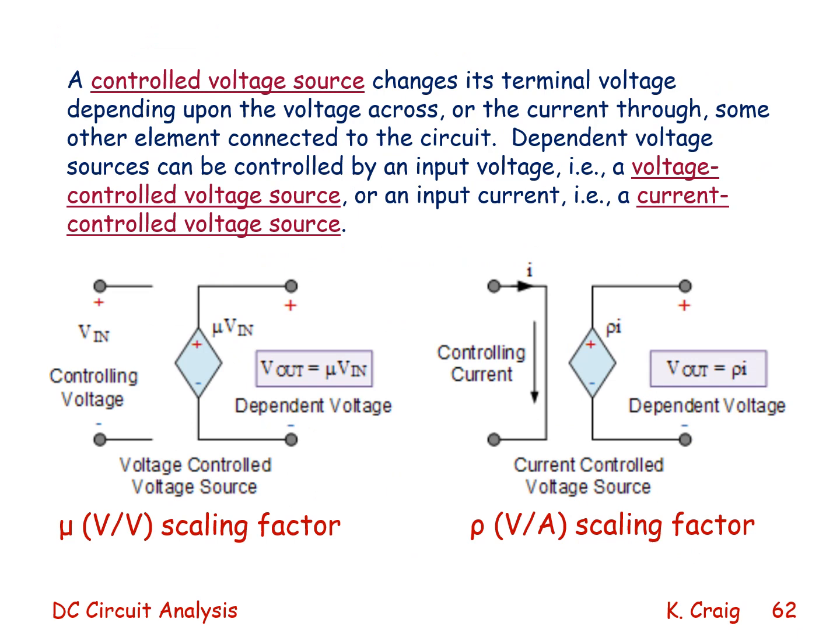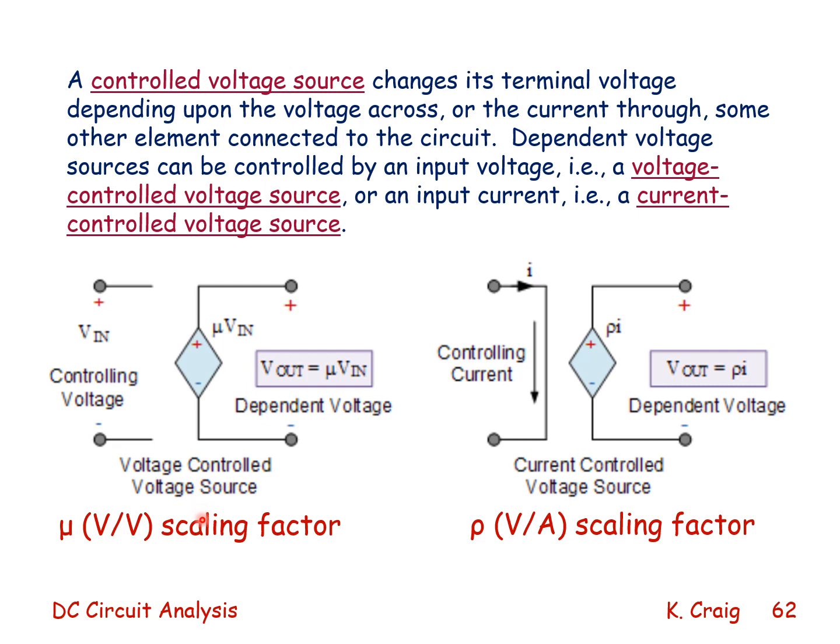A controlled voltage source changes its terminal voltage depending upon the voltage across or the current through some other element connected to the circuit. Dependent voltage sources can be controlled by an input voltage, a voltage-controlled voltage source that we see here.